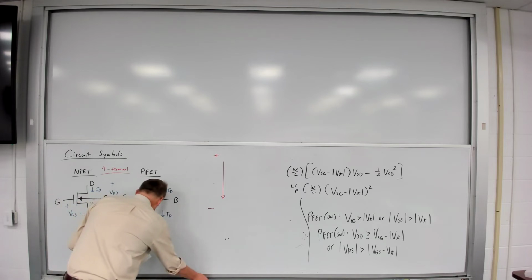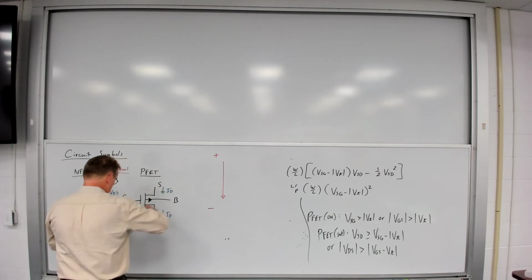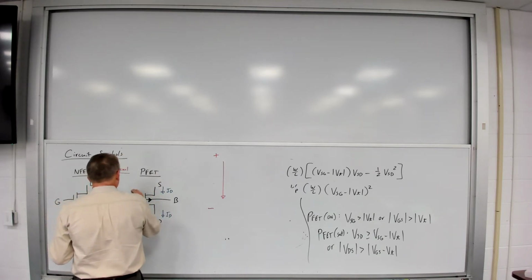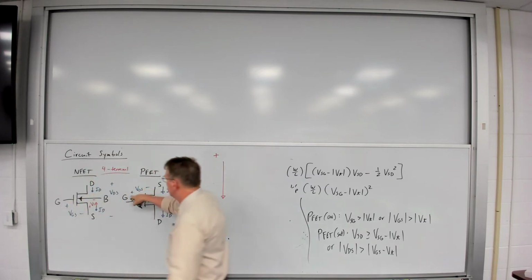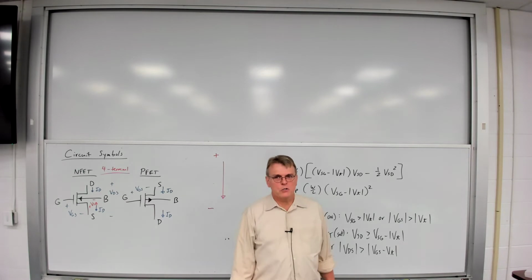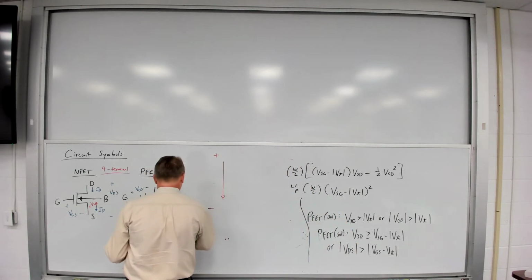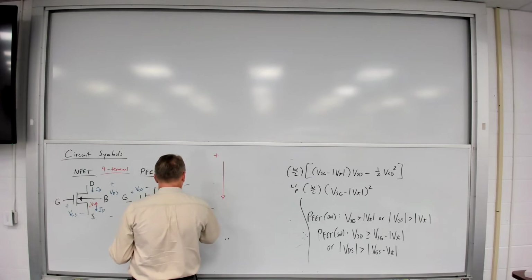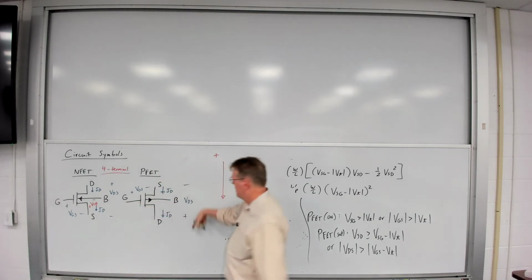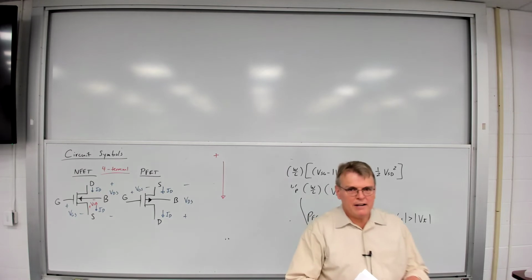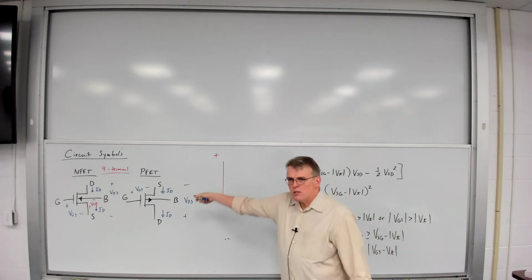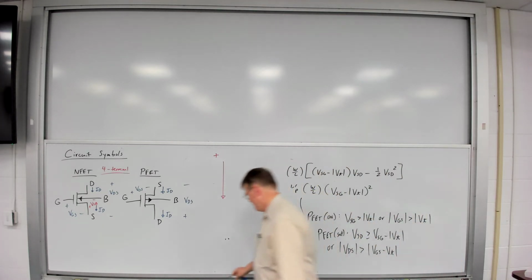For the PFET, in this case, VGS will be gate to source, VDS, drain to source. But again, if you define it this way, our book doesn't like it.